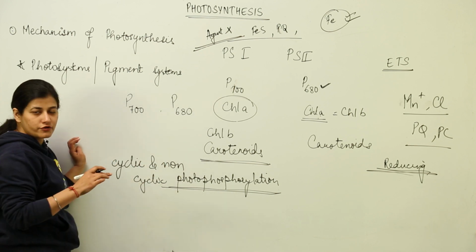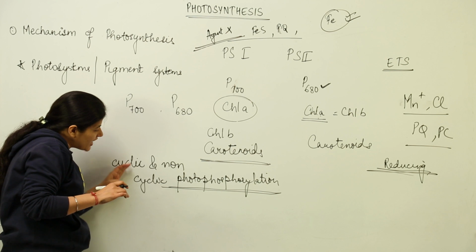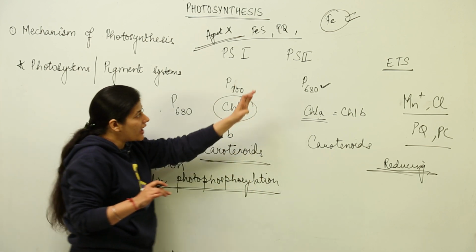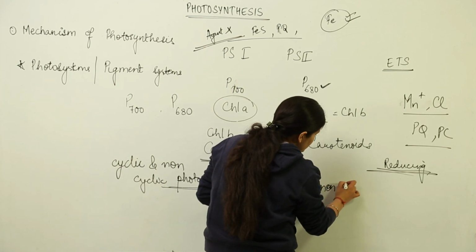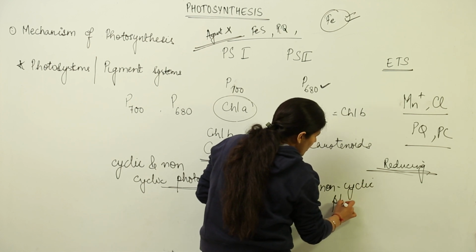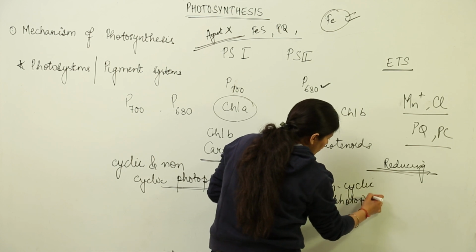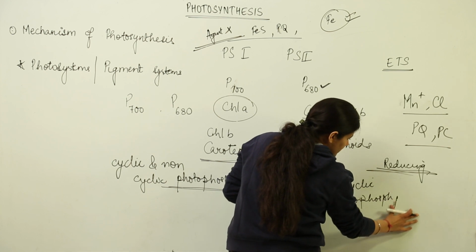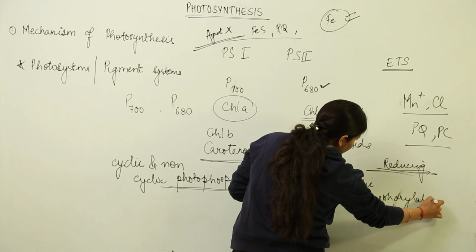For now, what you have to remember is that PS1 is involved in both cyclic and non-cyclic photophosphorylation, and PS2 is involved only in non-cyclic. Again the difficult term, photo, that means something involving sunlight, phosphorylation. What is phosphorylation? That is the formation of ATP.